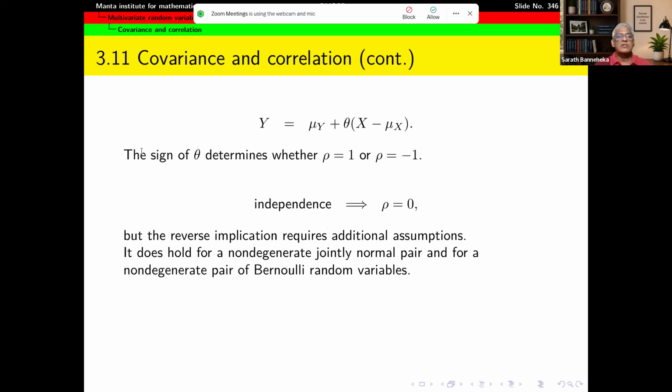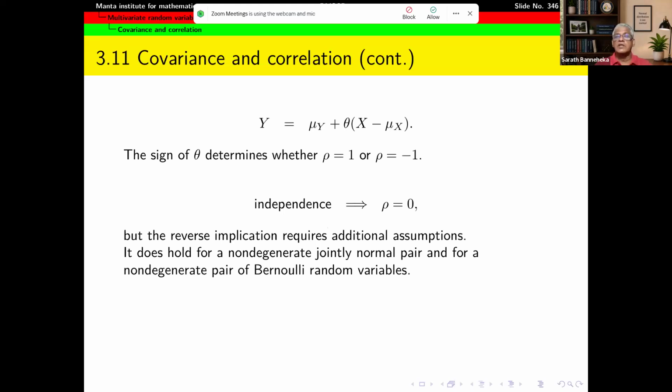So in this case, the sign of this constant determines whether rho is equal to 1 or rho is equal to negative 1. In other words, in general, if you consider y equal to alpha plus beta x, if beta is positive, then rho will be 1. If beta is negative, then rho will be negative 1. Right? If y is exactly equal to alpha plus beta x.